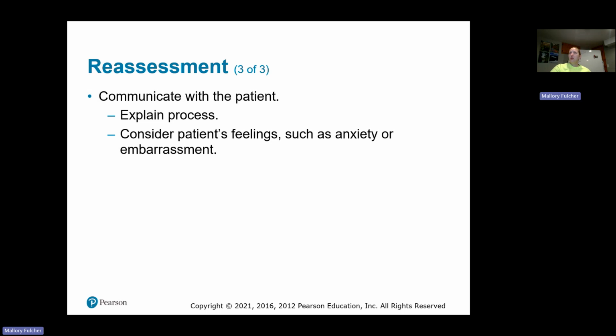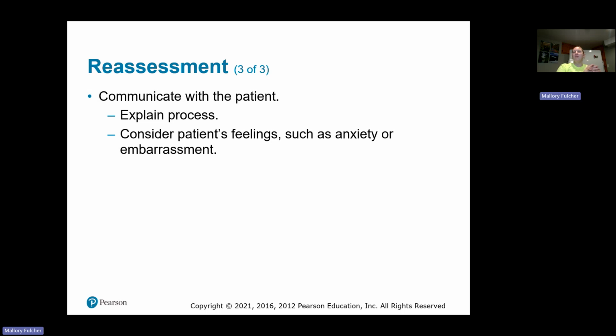We definitely want to be continuing to communicate with our patient throughout this entire process, explain what we're doing, explain why we're checking things. I've mentioned this before, but our patients, no matter if they have a history of chronic anxiety or not, are always dealing with some sort of anxiety within the call, right?